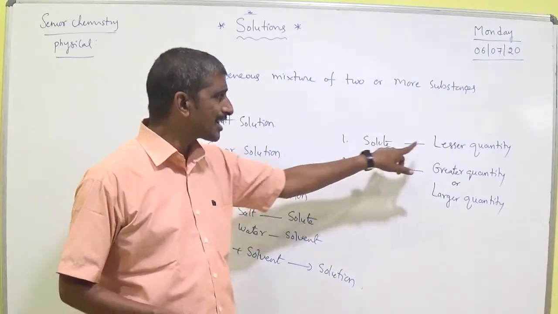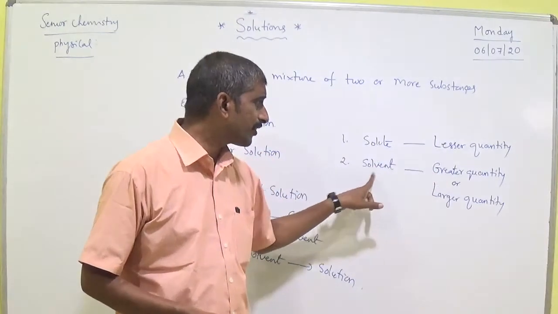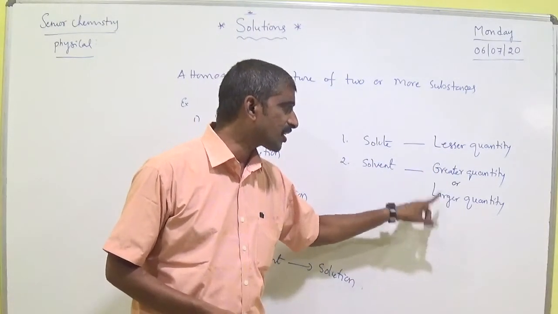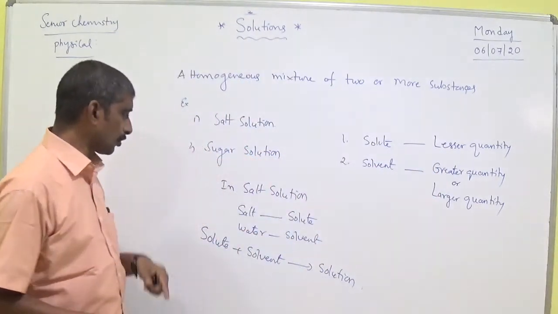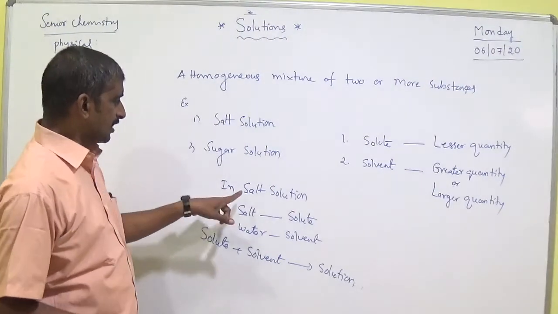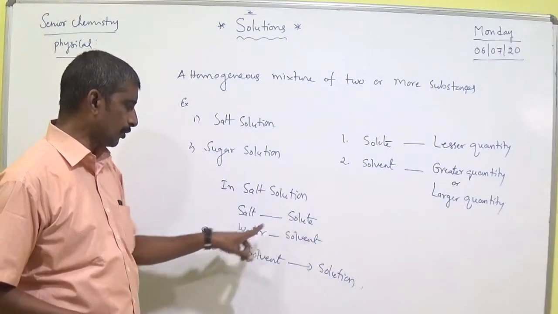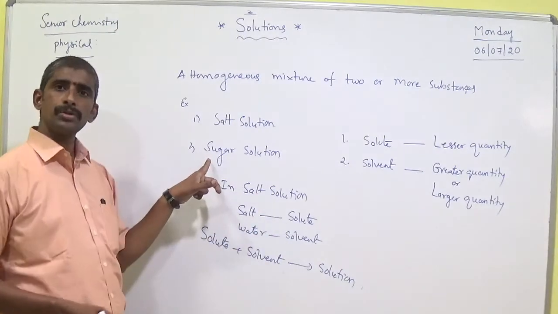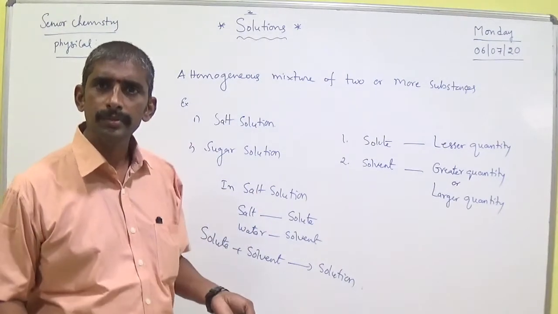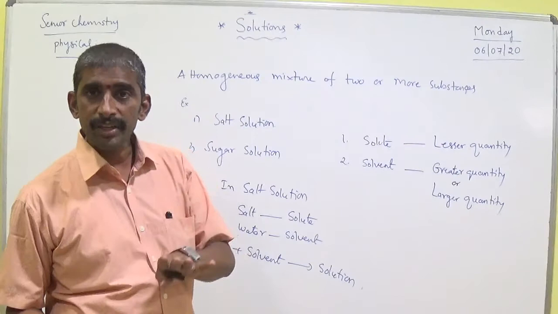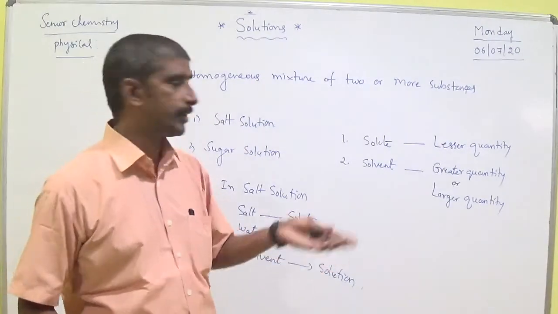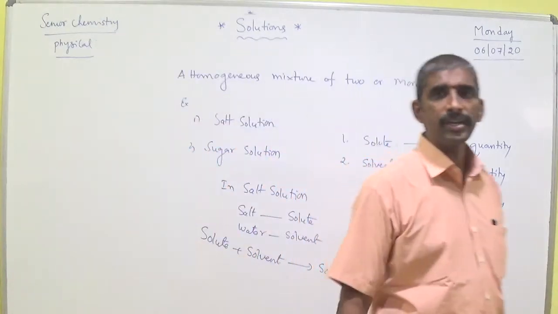Solute has the lesser quantity, solvent has the greater quantity. Example: in salt solution, salt is the solute and water is the solvent. In sugar solution, sugar is the solute and water is the solvent. That is the introduction of solution.